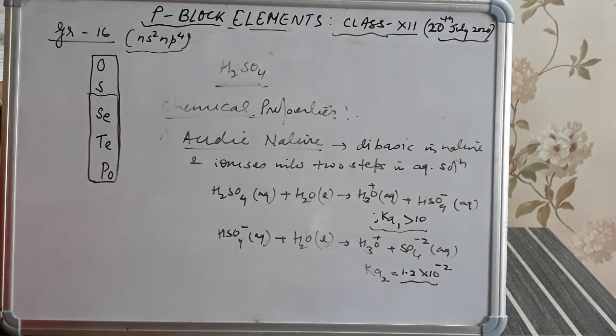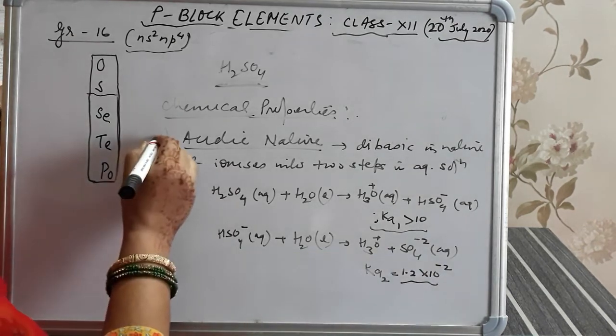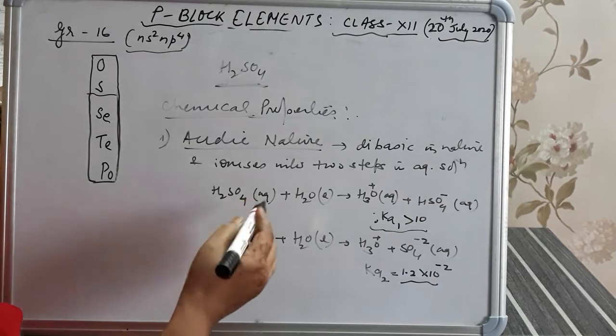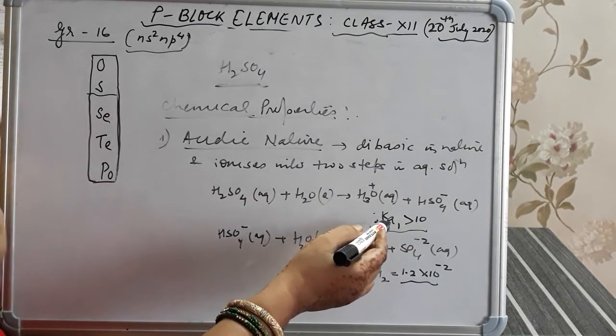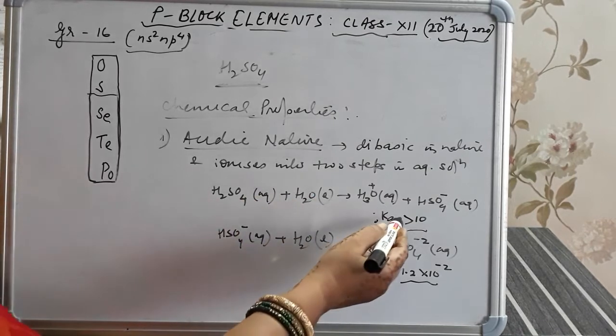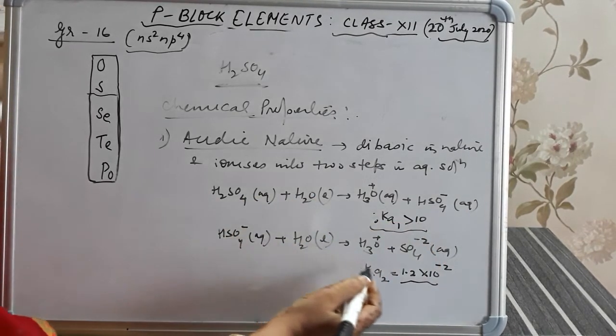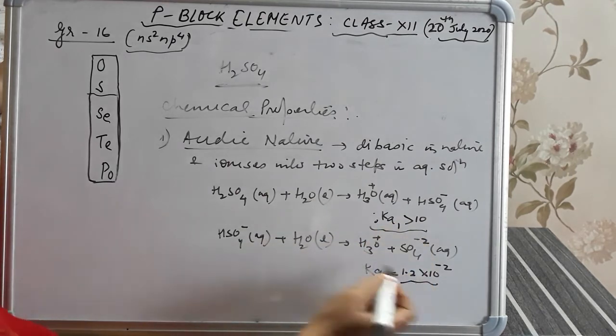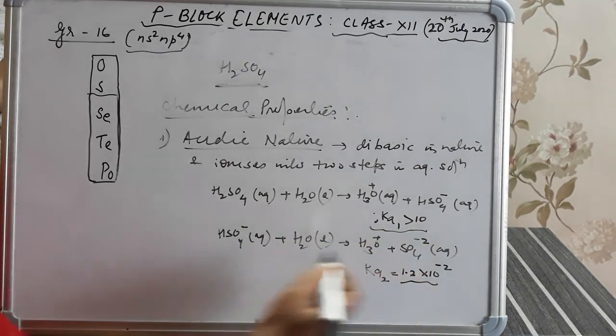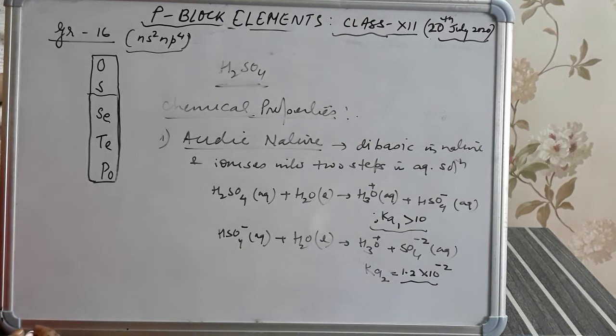One question is given in your NCERT book. What is the question? The first acid dissociation constant of H2SO4 is greater than 10, whereas the second acid dissociation constant is 1.2 into 10 to the power minus 2. Why does this happen and what is the reason behind it?